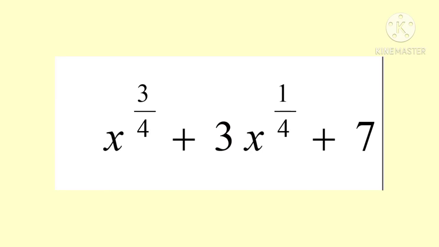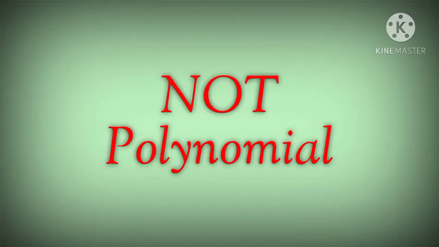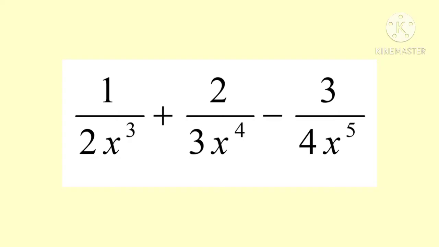Next number, we have x to the power of 3/4 plus 3x to the power of 1/4 plus 7. Not polynomial because the exponents of variables are fractional. Another one, 1 over 2x cubed plus 2 over 3x to the 4th minus 3 over 4x to the power of 5.